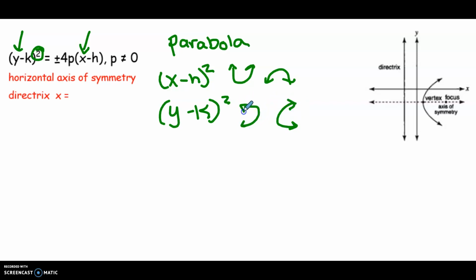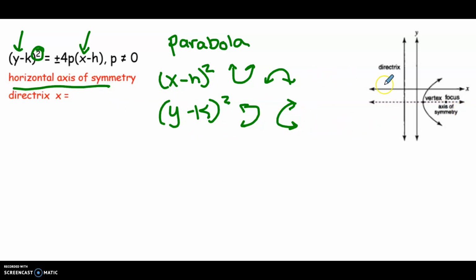And that's different for us. These sideways parabolas are not functions, but they are conic sections that we would be required to be able to represent through an equation. So when you have a sideways parabola, we have a horizontal axis of symmetry.